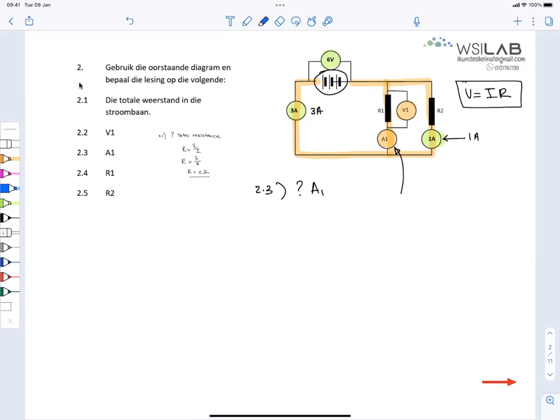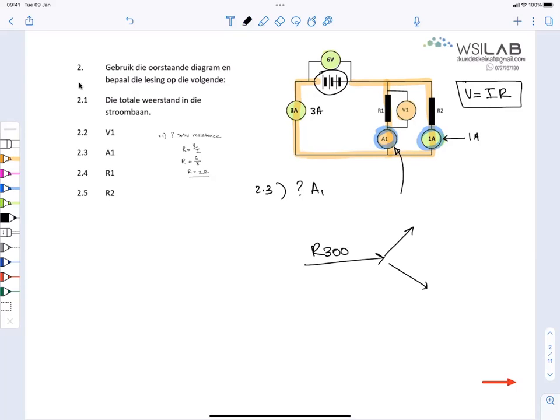Now, if I have 1 amp here, then only 2 amps remain there. You see that? Yes, sir. So I started with 3 amps and it's split up into 2 lanes. So basically it happened like this. You had 300 Rand here. And it's split up into 2 sections.